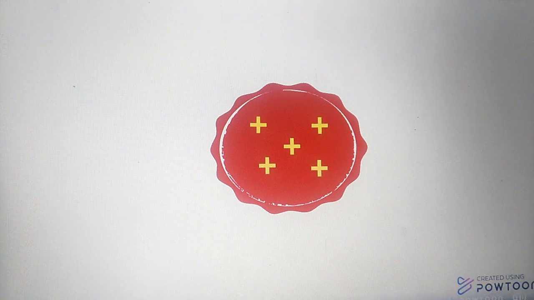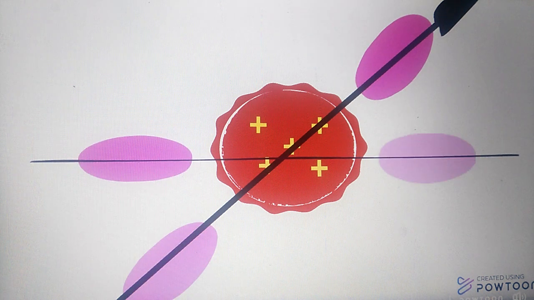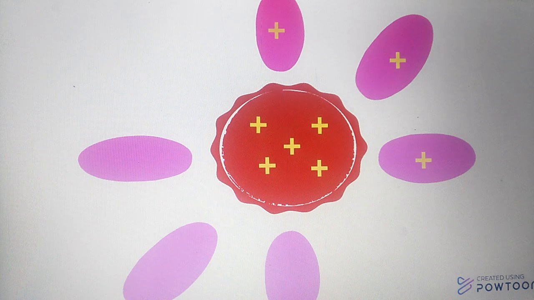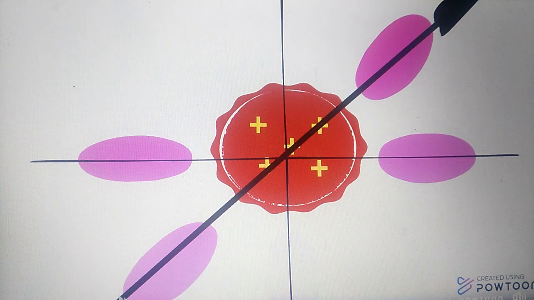in group ligand orbitals, all the positive lobes of the ligand orbitals approach. In the center, this red sphere indicates the s subshell.